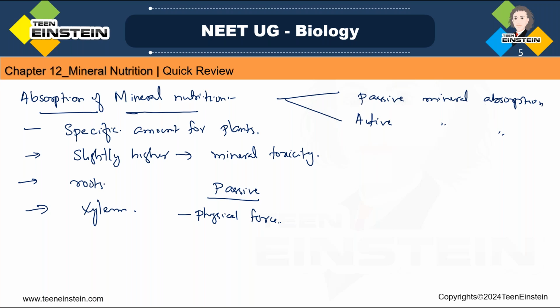And the different modes involved in this passive absorption are facilitated diffusion. This is an important question. Then mass flow, then Donnan equilibrium, then the fourth one is ion exchange.